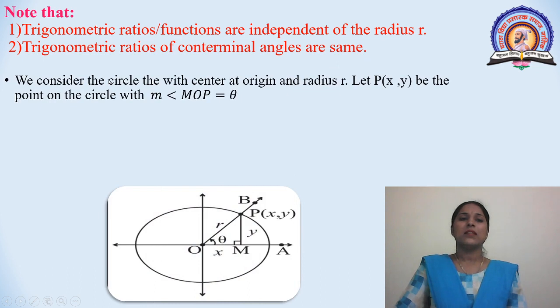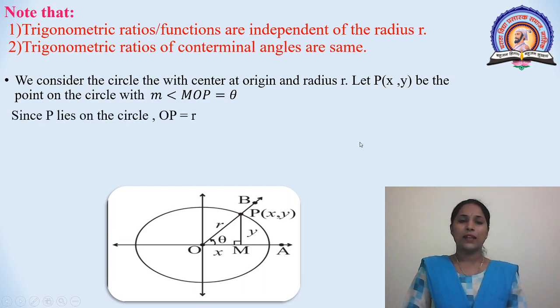We consider the circle with center at the origin and radius r. Here the center at the origin means the point O on the xy plane, whose coordinate is 0, 0, and radius r. Let P of xy be a point on the circle with the measure of angle MOP equal to theta.